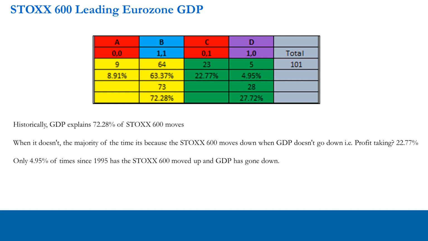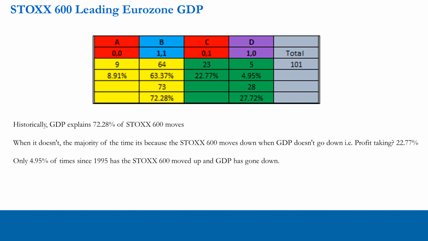This is in the vast minority of cases. This happens less than 5% of times. So we only have 5 quarters out of our entire data set of 101 quarters since 1995, where the Stoxx 600 has moved up and GDP has actually gone down, or is reported down in the quarter after the move.